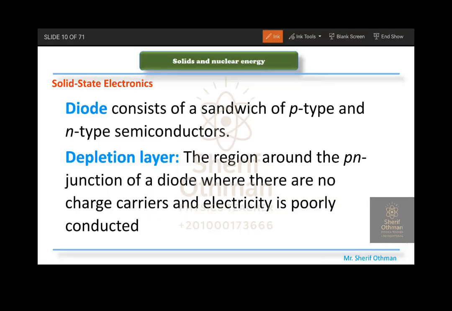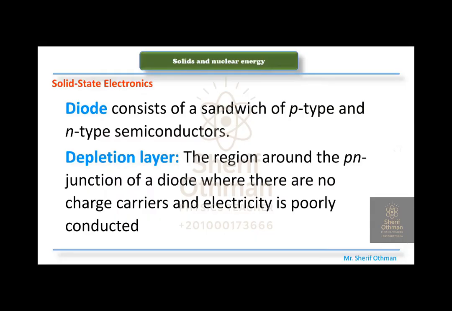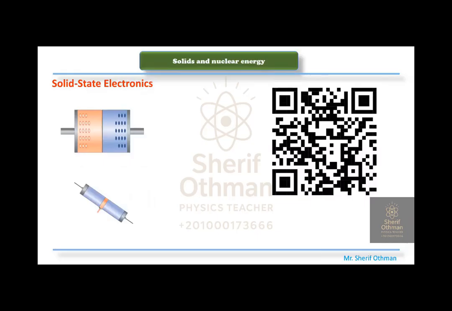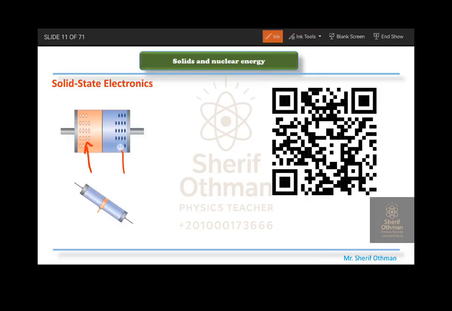So the depletion region is the region around the p-n junction of a diode where there are no charge carriers and electricity is poorly conducted. Here is the shape of the semiconductor, here is the shape of the p-n junction and how it is inserted in the circuit. Here are the holes and here are the electrons.